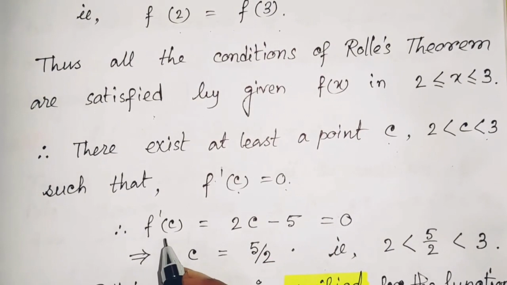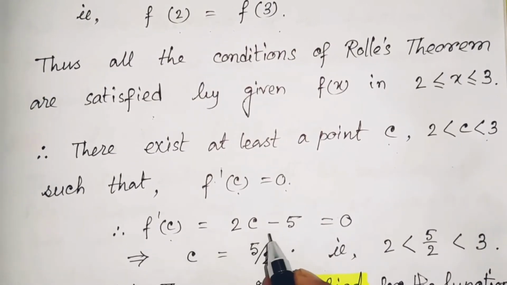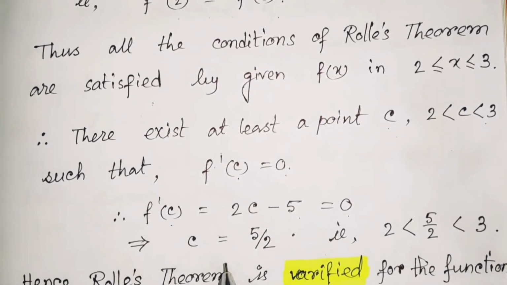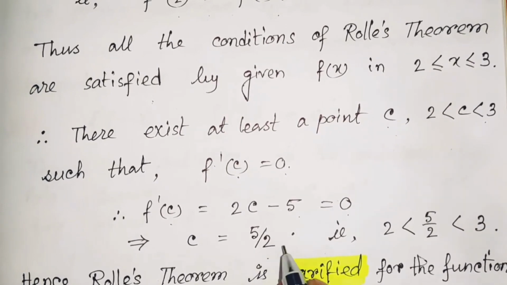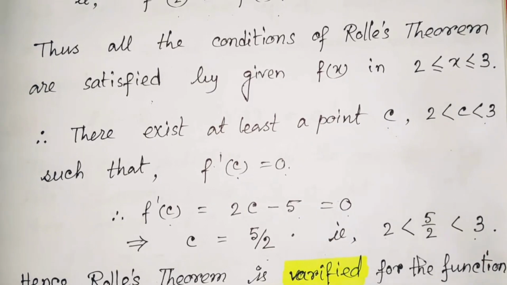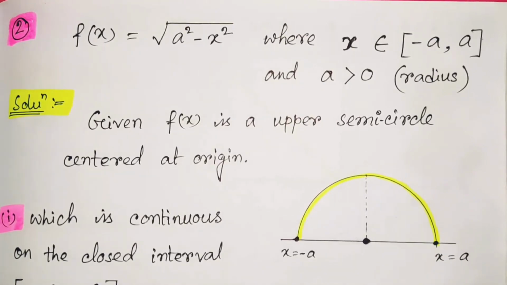If we substitute c for x, we get 2c − 5 = 0, which gives c = 5/2, that is 2.5, which lies between 2 and 3. So we can say Rolle's theorem is verified for this function. Not only polynomial functions, but trigonometric functions are also always continuous and differentiable. Anyways, let us do the second example.